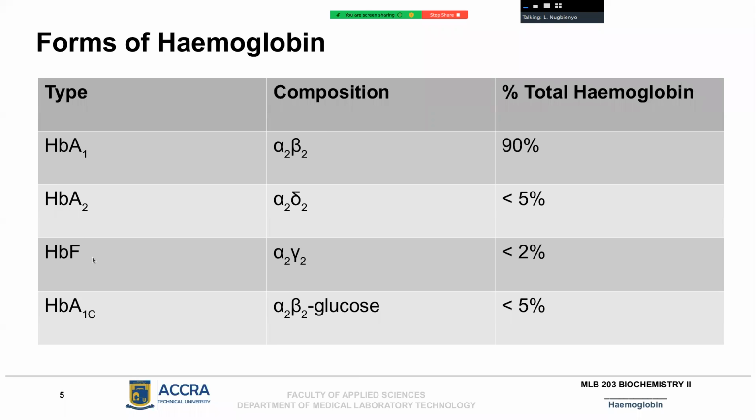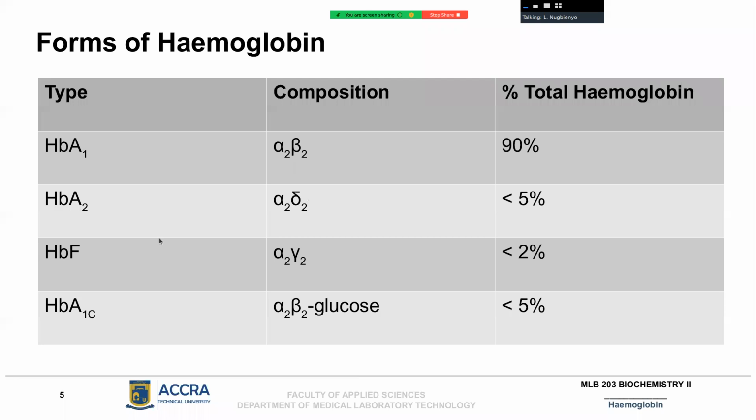We also have the fetal hemoglobin. So this fetal hemoglobin is what is found in the fetus, and this is less than 2%. In fact, after birth, the synthesis of this fetal hemoglobin ceases, and the adult hemoglobin alpha and beta take over. Remember, respiration in the fetus is such that the fetus does not breathe in oxygen, but rather gets the oxygen through the placenta from the mother.